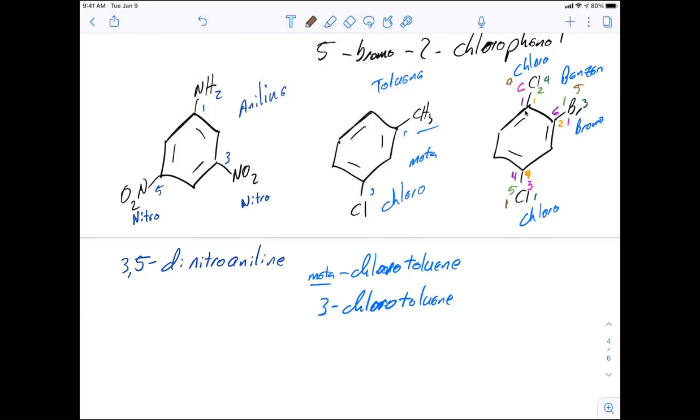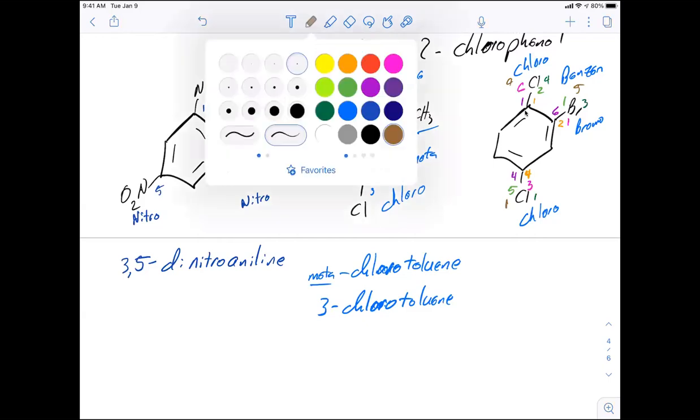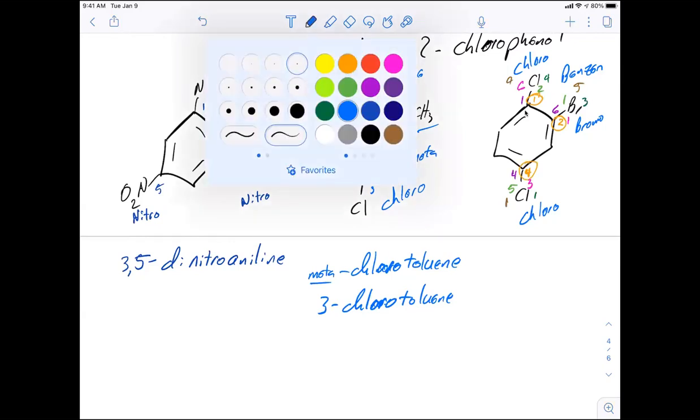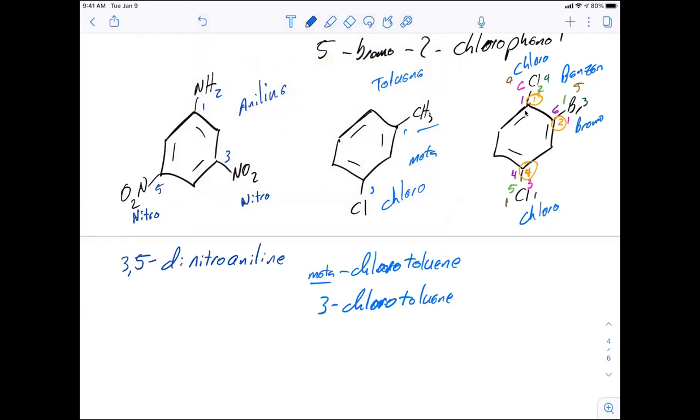So what's our lowest possible numbering? It's going to be the orange ones, right? 1, 2, and the 4. So therefore, this one is going to be 2-bromo-1,4-dichlorobenzene.